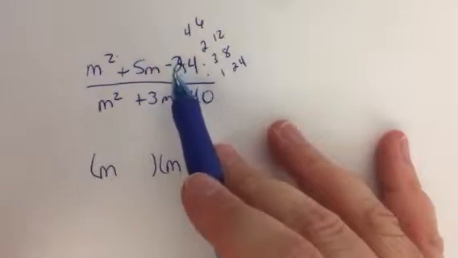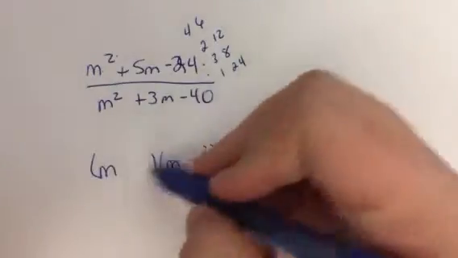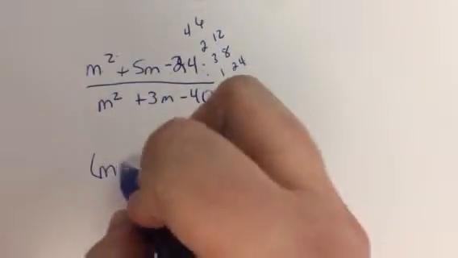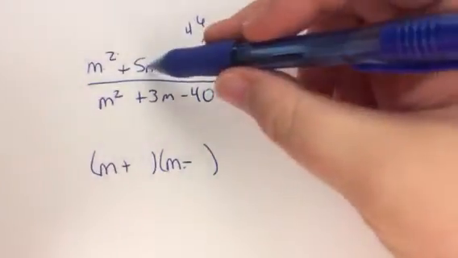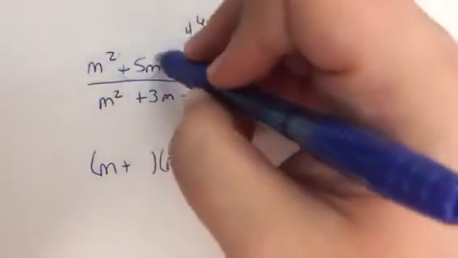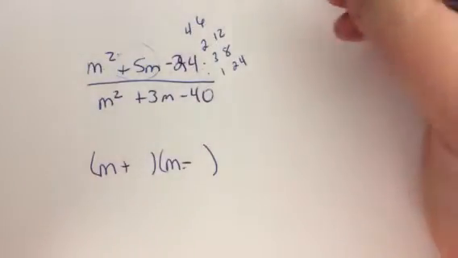Now with this third term being negative, that gives us a clue that in our parentheses, one of these is going to be a plus and one of them is going to be a minus sign. That also comes into play when we're looking at this middle term and trying to figure out which combination of factors works here.